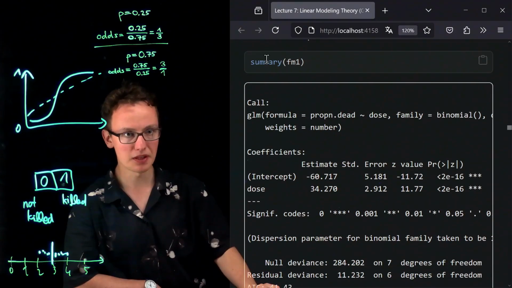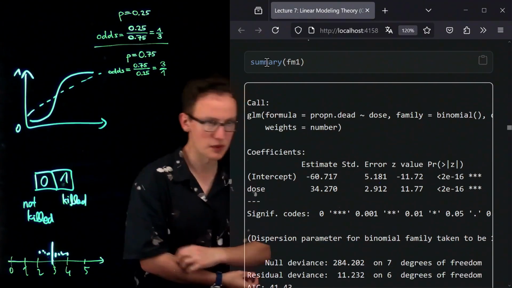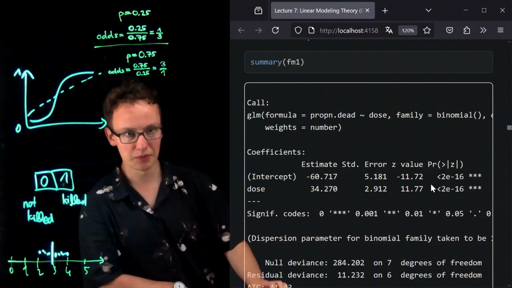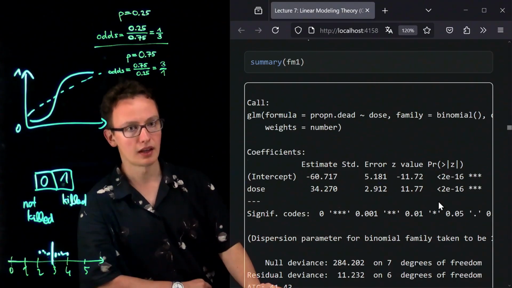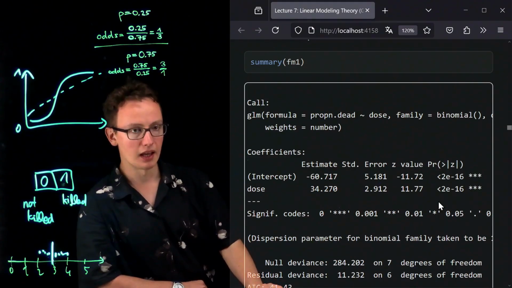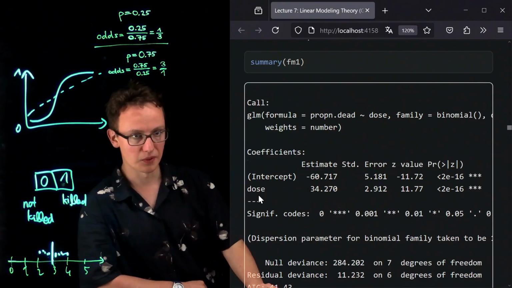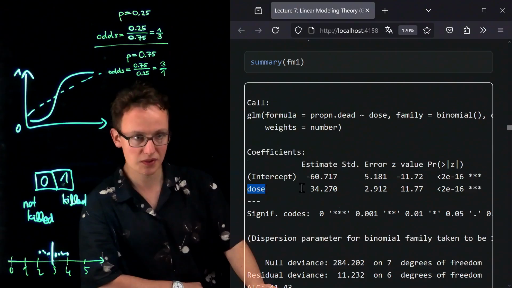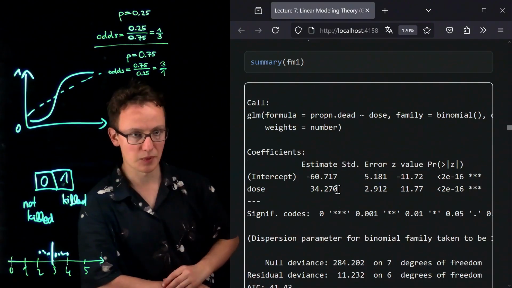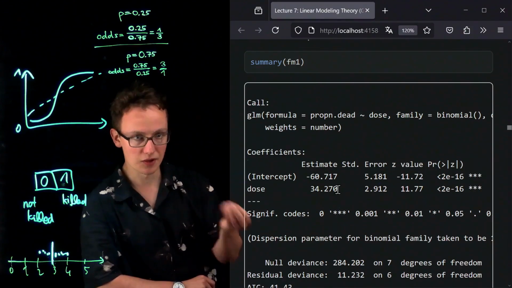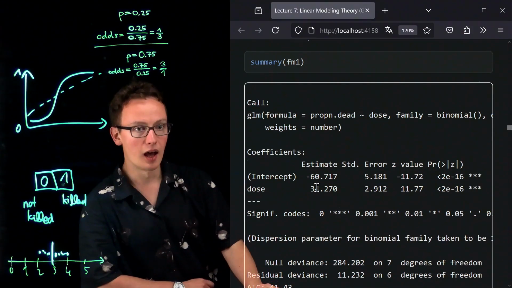So looking at the output here, we can again use our summary function as we usually do, and we'll get an output that looks very familiar to what we also used from the linear regression. And so the interesting thing here is, of course, the effect of dose, where we see that there is an estimate, and this estimate is expressed as a difference in logits, a difference in log odds of 34.